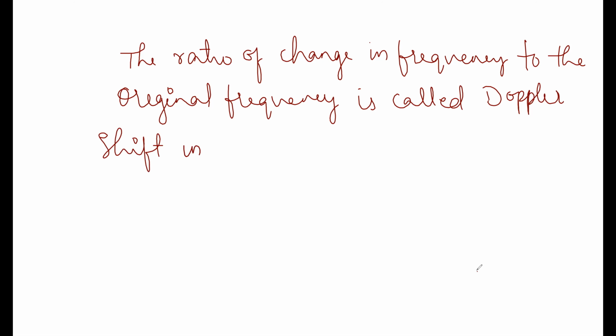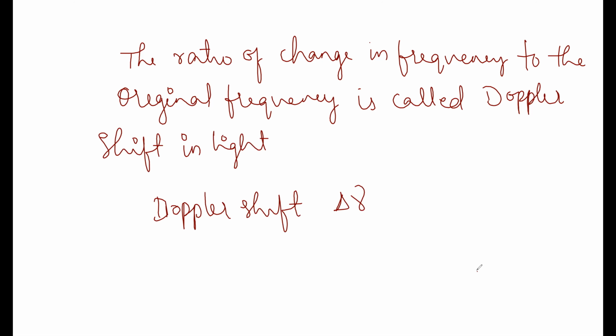It is represented by a mathematical formula: the Doppler shift is given by delta nu divided by nu, where nu is the frequency, and this equals V radial divided by C, where C is the velocity of light.